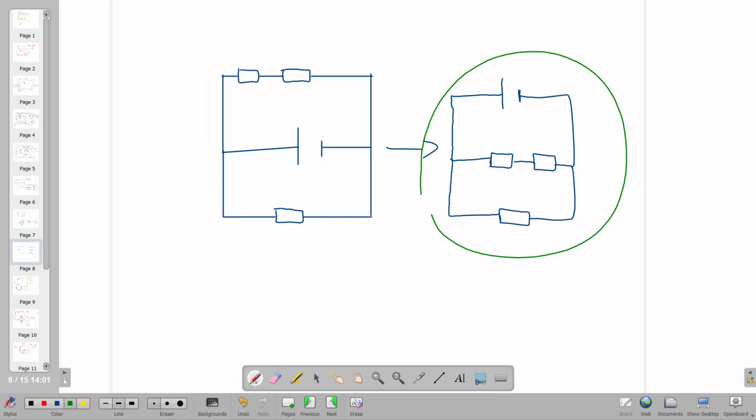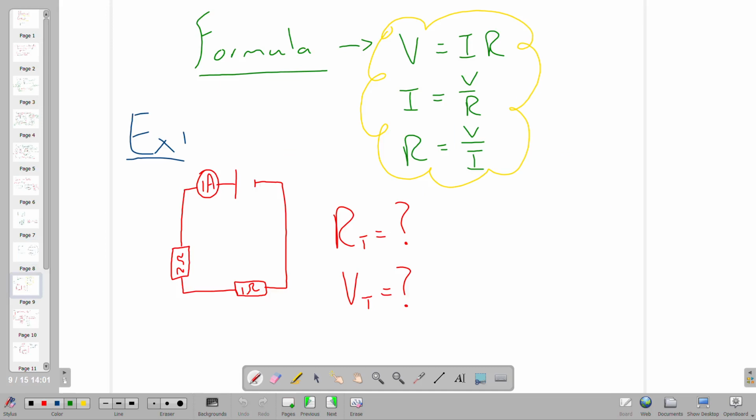So the left and the right is the same thing, just different ways of representing it. So go test for yourself, go back to the previous one, see if you can follow along with your finger. Where does the current split up, and how do we know that these resistors are actually in parallel to each other?